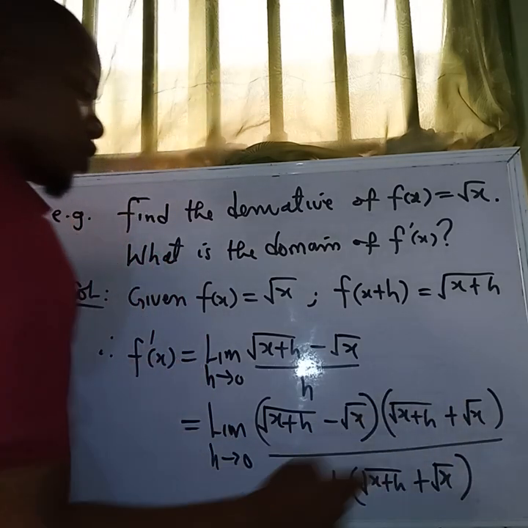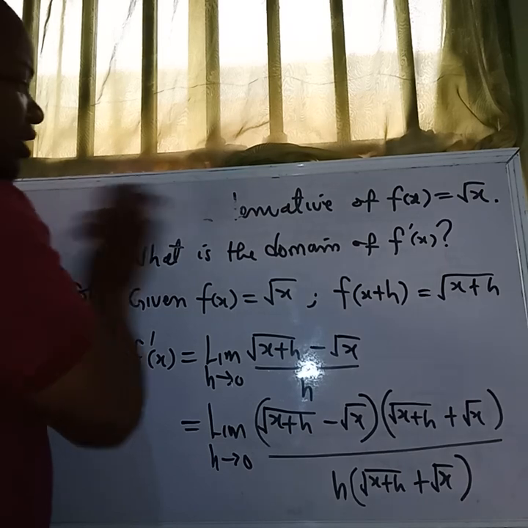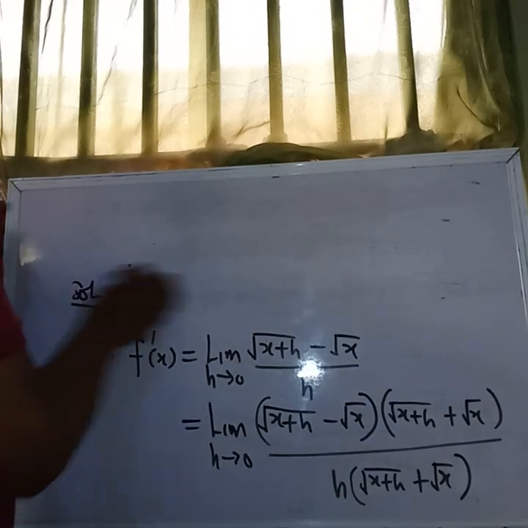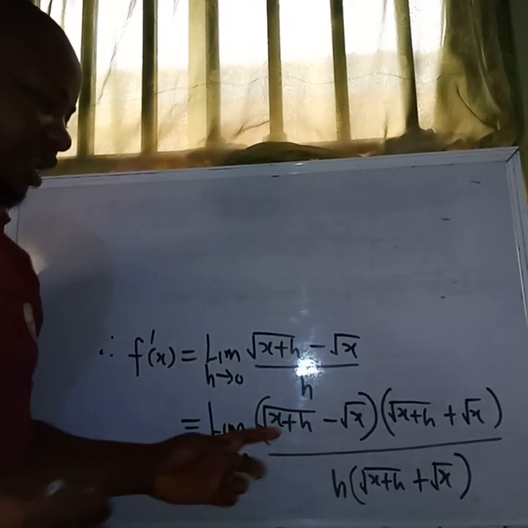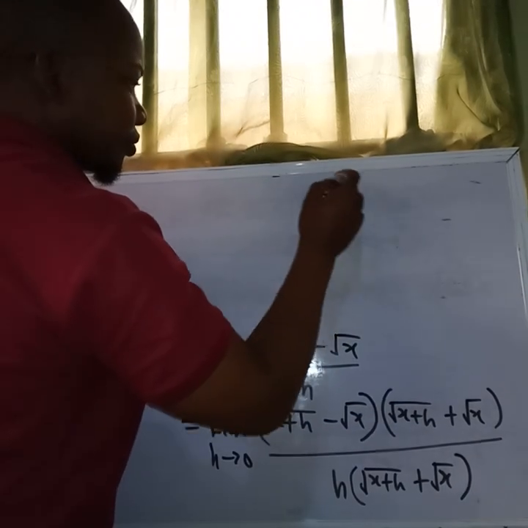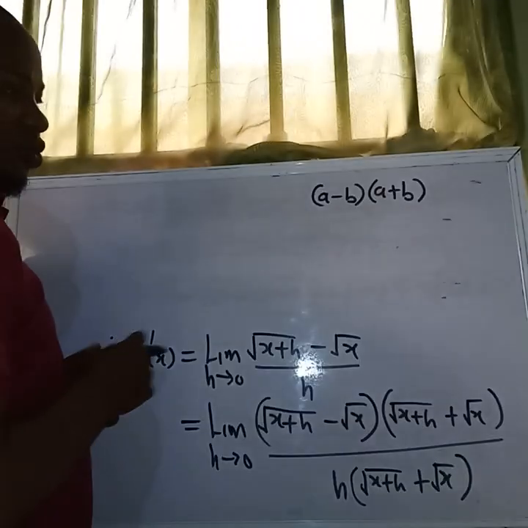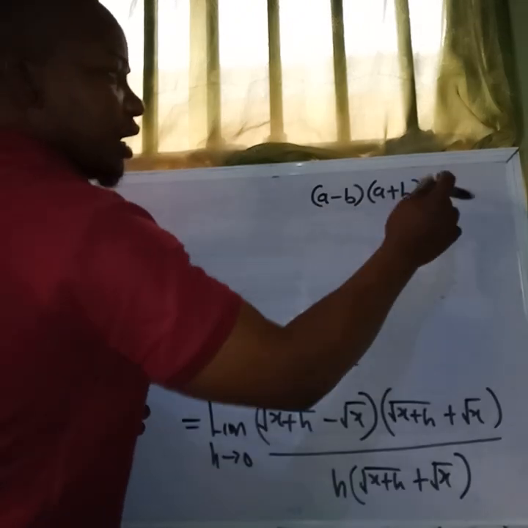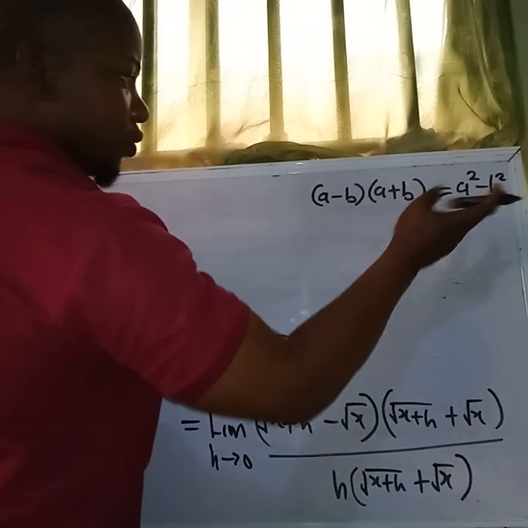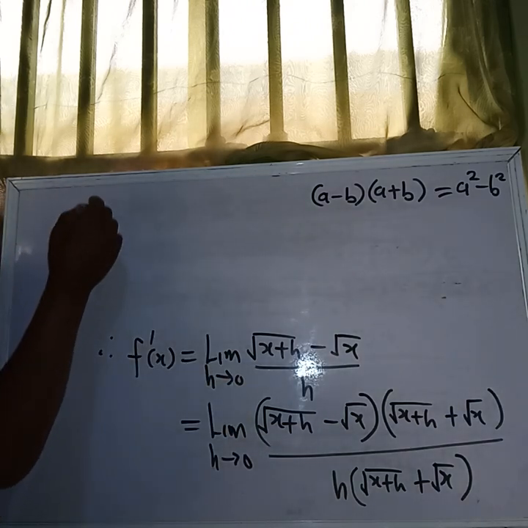We further simplify this. You will see that the term in the numerator is of the form that implies a difference of two squares. Anytime you have a term like this, under the elementary expansion, it implies a squared minus b squared. So we use this for the numerator.